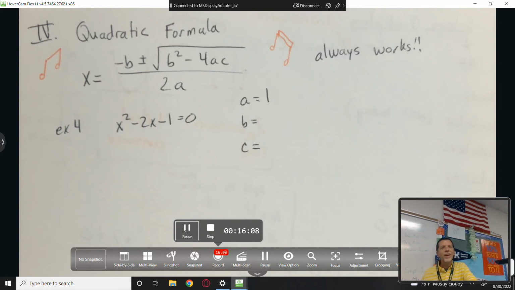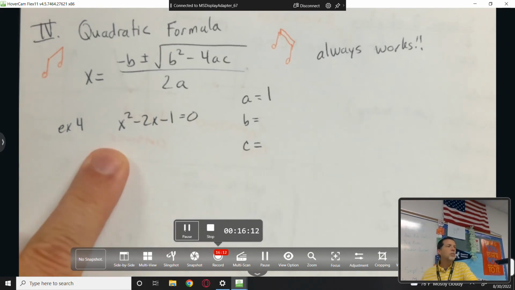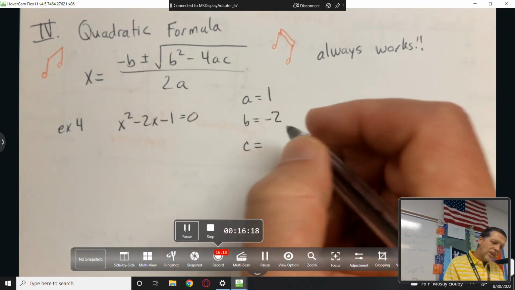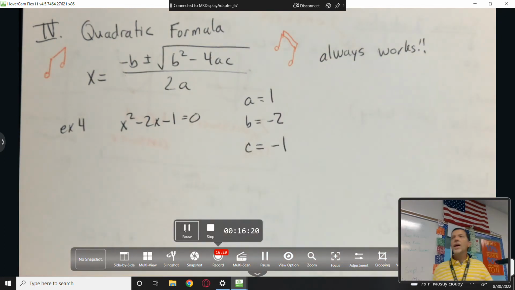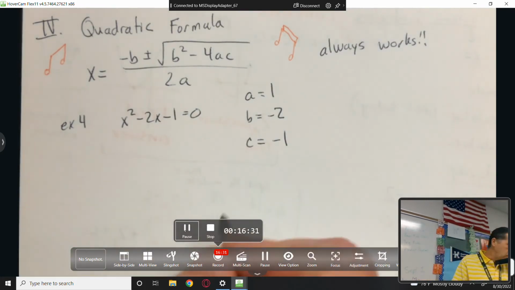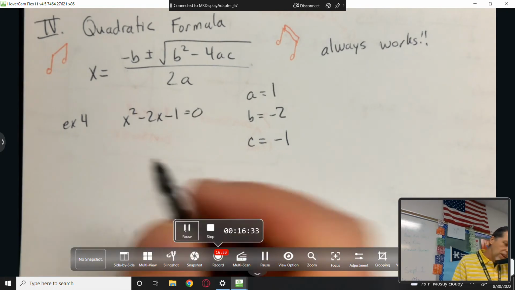No, a is the number in front of the x squared, and yes, there is a number there, and it's 1. What about b? Negative 2. And c? Negative 1. After you do this a couple times, you're not going to be writing down what a, b, and c are. You'll just start plugging them in, and that's fine. But maybe it's helpful to slow down and write them down.